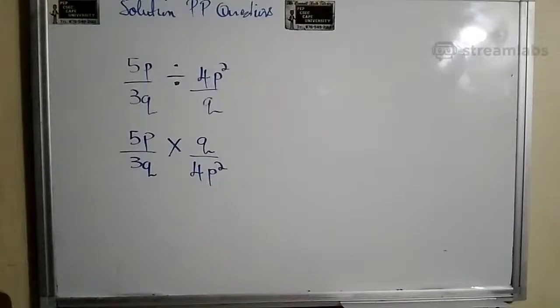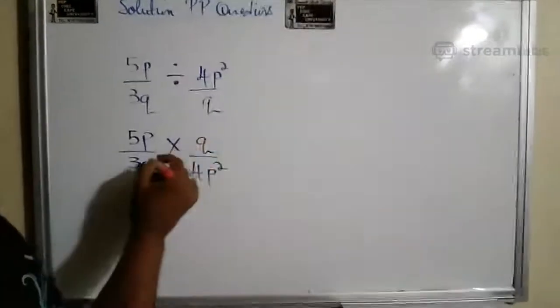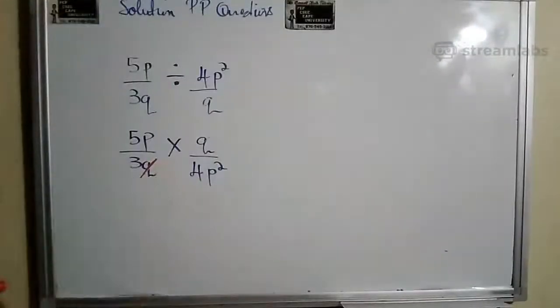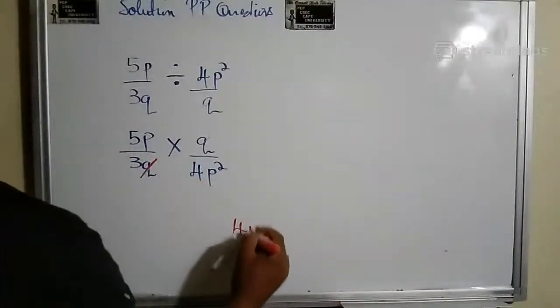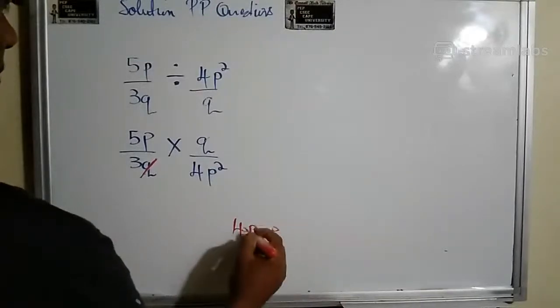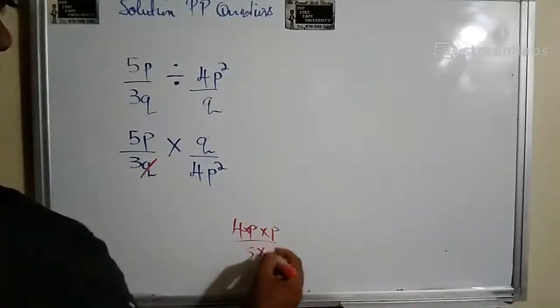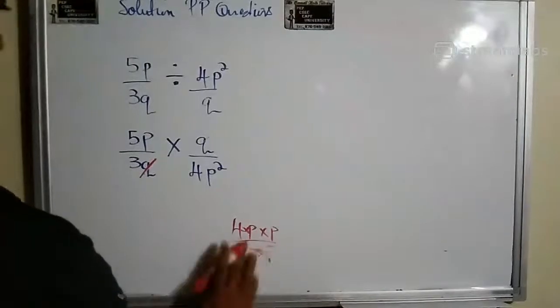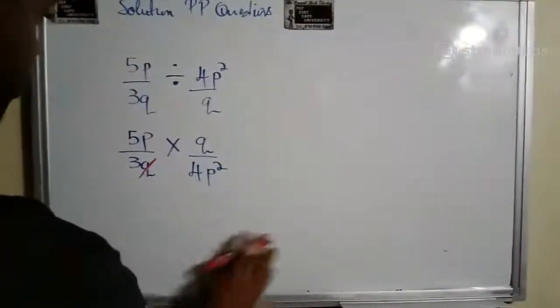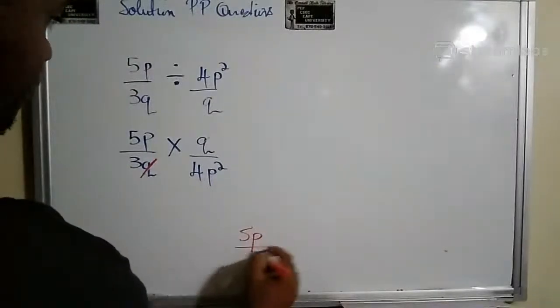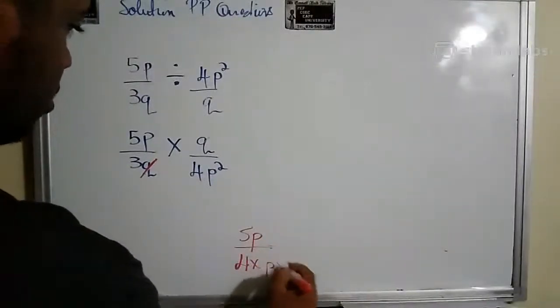So let us do that. That leaves that. And then p squared is the same thing as p times p. So it's 5p upon 4 times p times p.